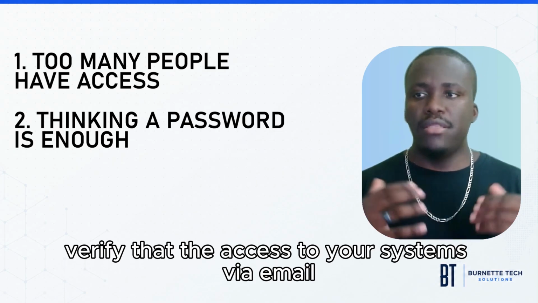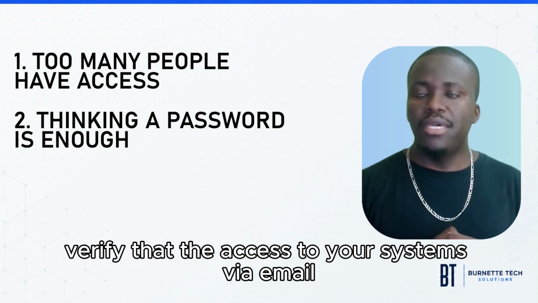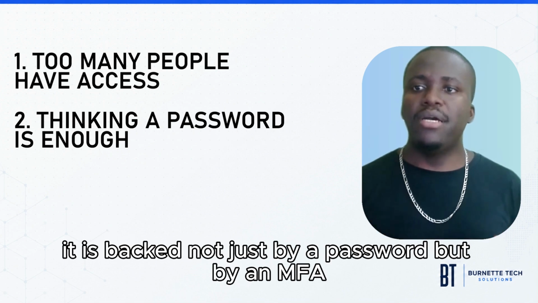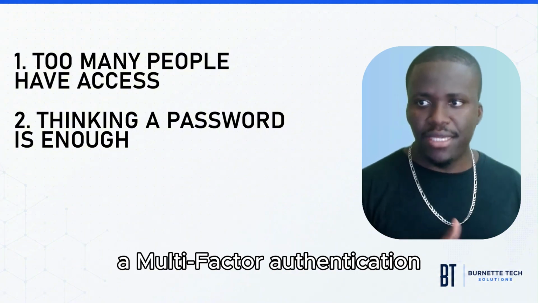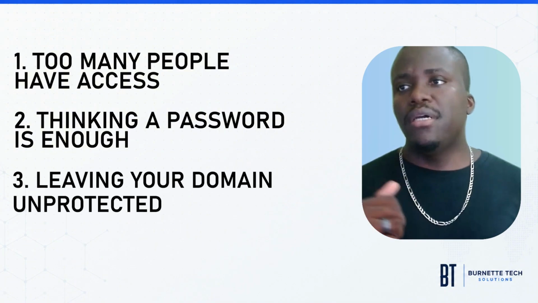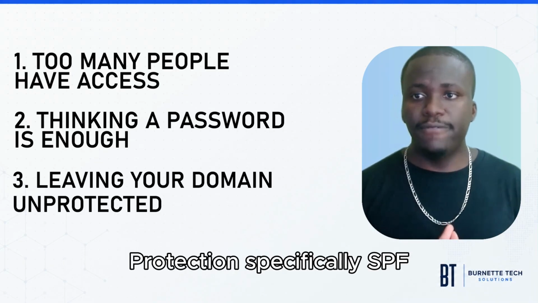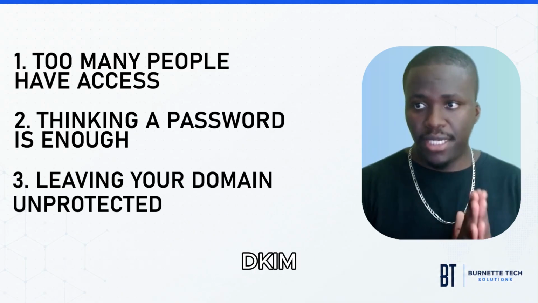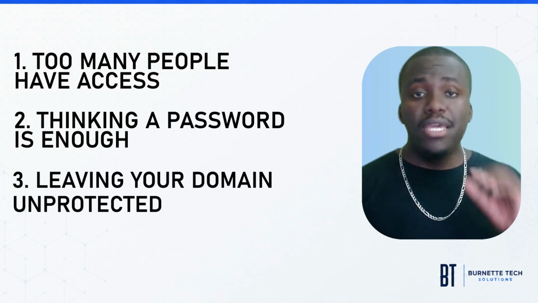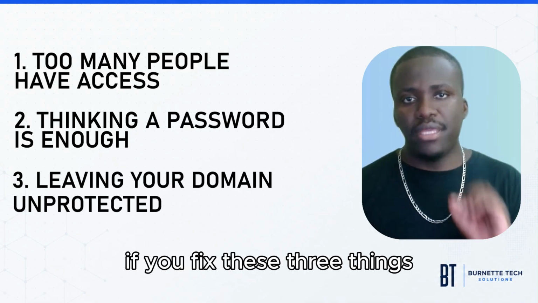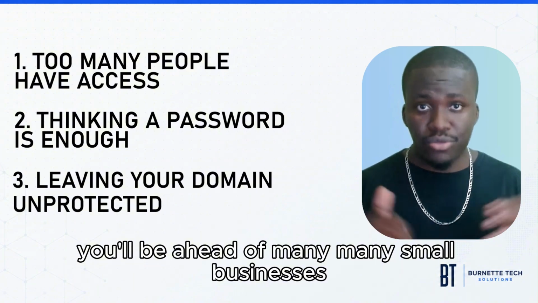Verify that the access to your systems via email is backed not just by a password, but by MFA, multi-factor authentication. And third, confirm that your domain has all the necessary protections, specifically SPF, DKIM, and DMARC protections. If you fix these three things, you'll be ahead of many, many small businesses.